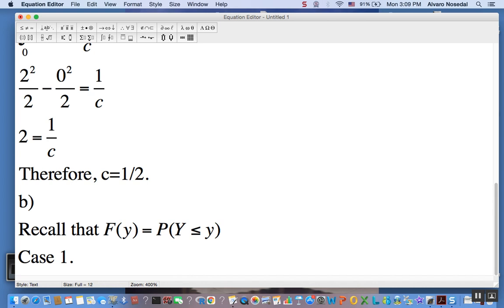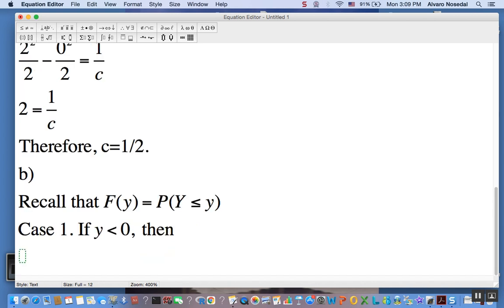Case 1. If y is less than 0, then what we want is the probability that the random variable y is less than or equal to some number, which is less than 0.